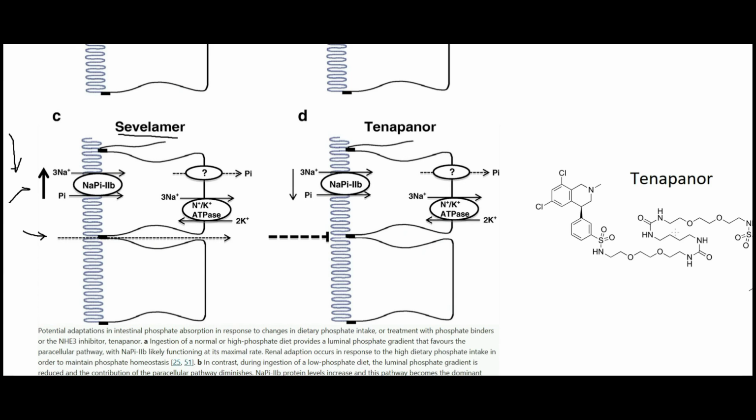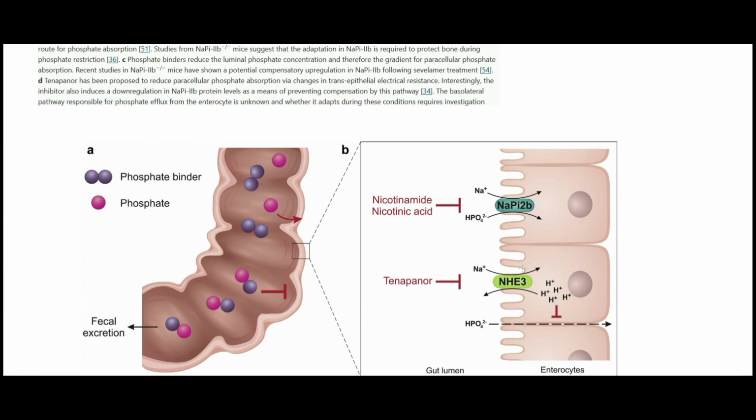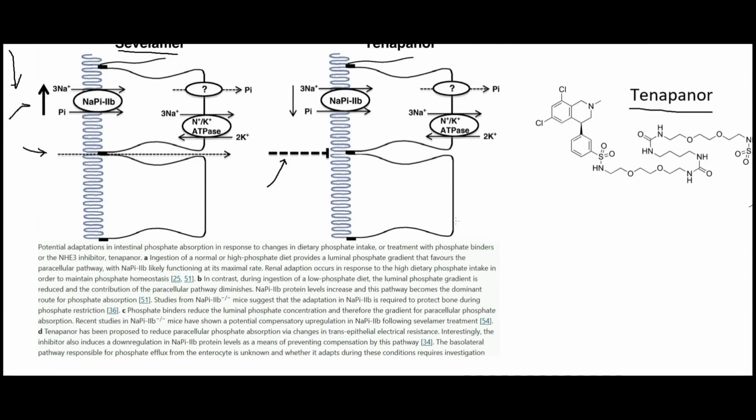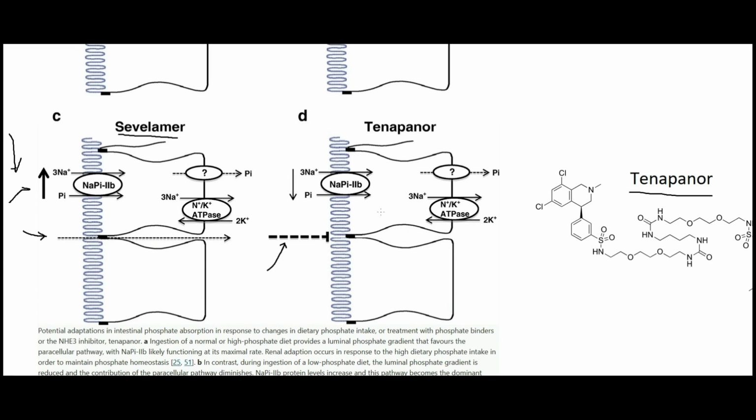If we look at this molecule here, tenapanor, this shows it inhibiting the paracellular pathway. What it's actually doing is inhibiting this sodium hydrogen exchanger, NHE3, and so it's further reducing the sodium concentration inside the cell, which is increasing the gradient of sodium here.